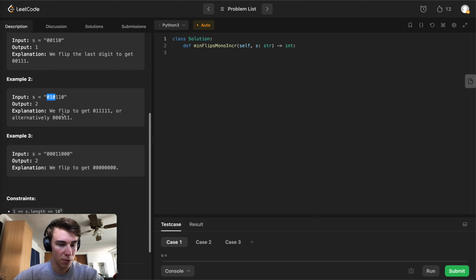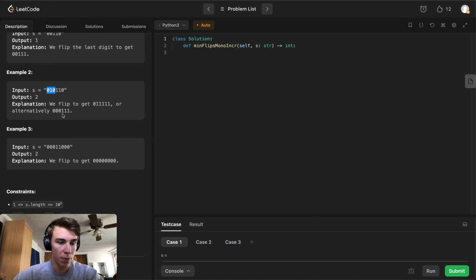So it seems like this question can be split, the string could be split up into a left portion and a right portion, and we could just iterate through, starting from the beginning, and keep track of how many zeros are on the right-hand side and how many ones are on the left-hand side.